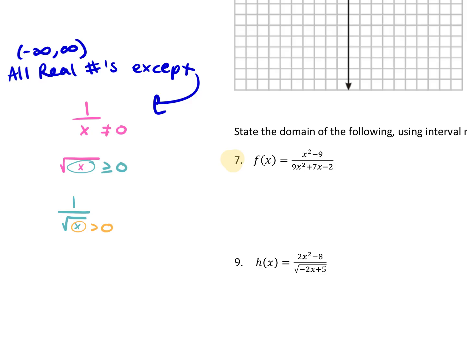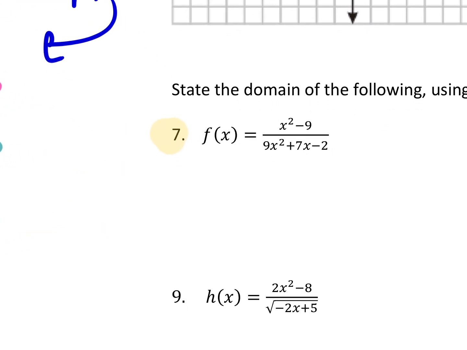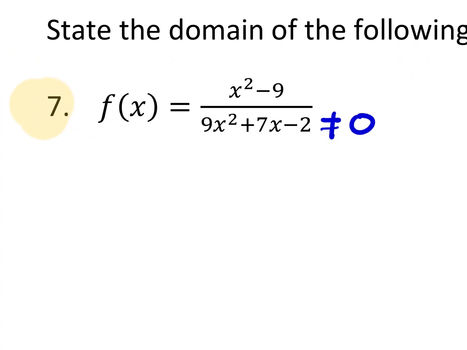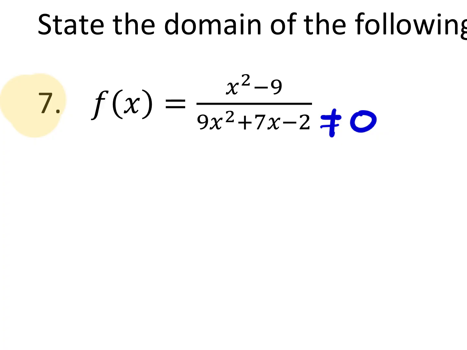So for 7, we have a fraction. So we need to set whatever's in the denominator of the fraction not equal to 0, or equal to. It really doesn't matter because it's just the work that you're doing, but we need to solve here. So we're just solving our denominator. We need to factor. When our leading coefficient's not 1, we could factor by multiplying the first times the last. We get -18. What are 2 factors of -18 that add to 7?